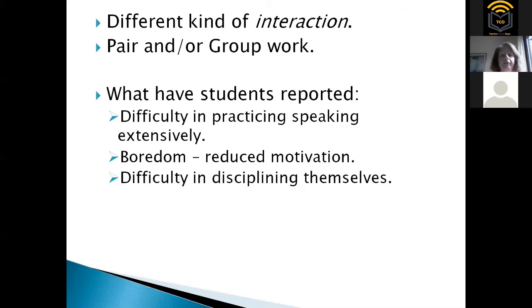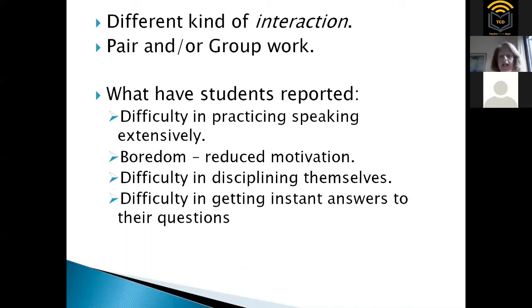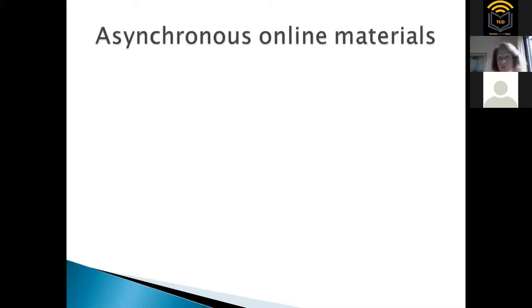Then the difficulty in disciplining themselves, and that's even true for adults. I see it with my students. Because you're at home, you work on your own, you don't have a set schedule. And the difficulty in getting sometimes instant answers to the questions from the teacher. This is what the students reported.